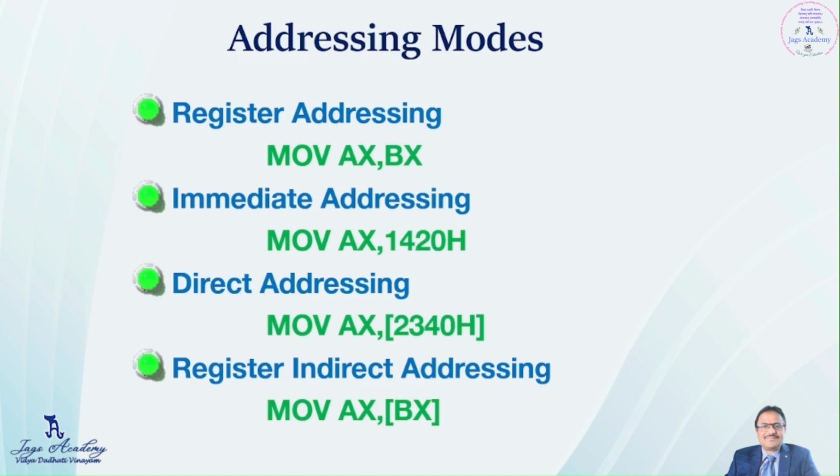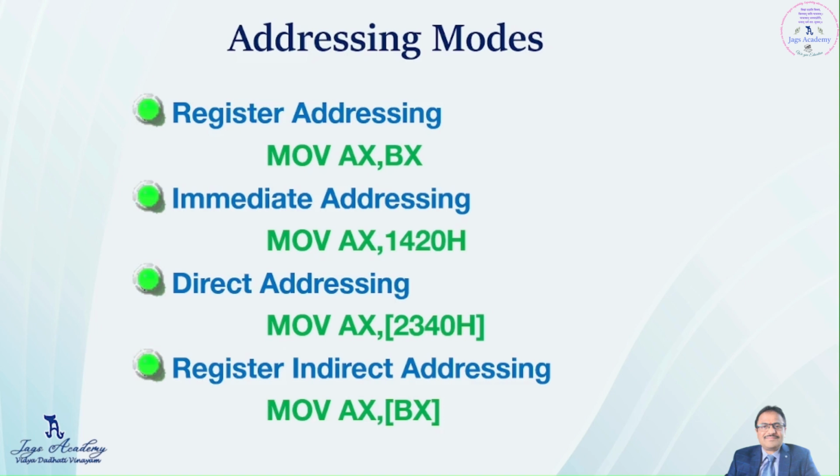Now, see the last sentence here. There is register indirect addressing. Here I have written MOV AX, comma, within the square bracket BX. What is this actually? This is also a memory transfer. Data is transferred from the memory. When I say data is transferred from the memory, it has an address. But here there is no address directly written.